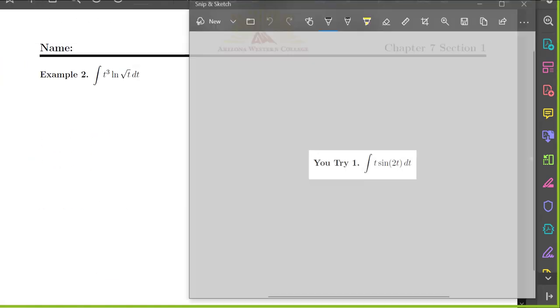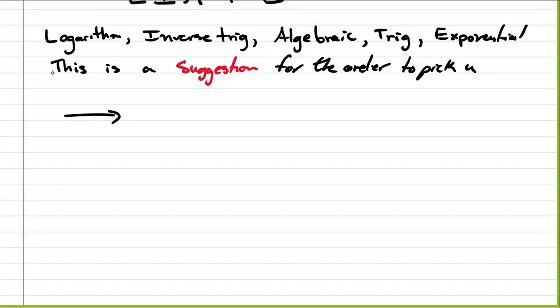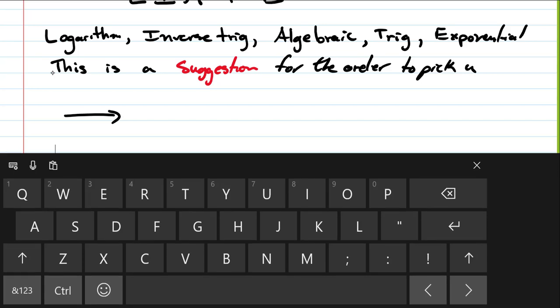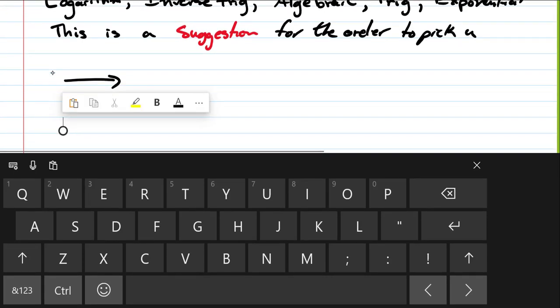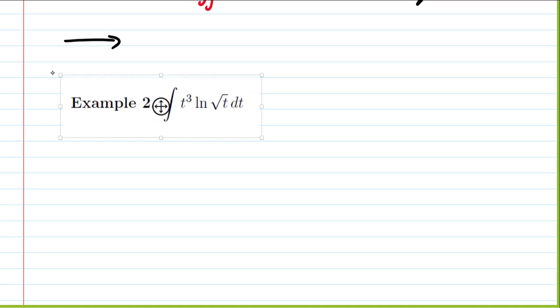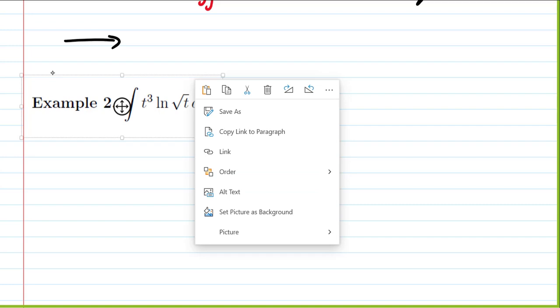So our next example, example 2, is the integral of t cubed times the natural logarithm of the square root of t.